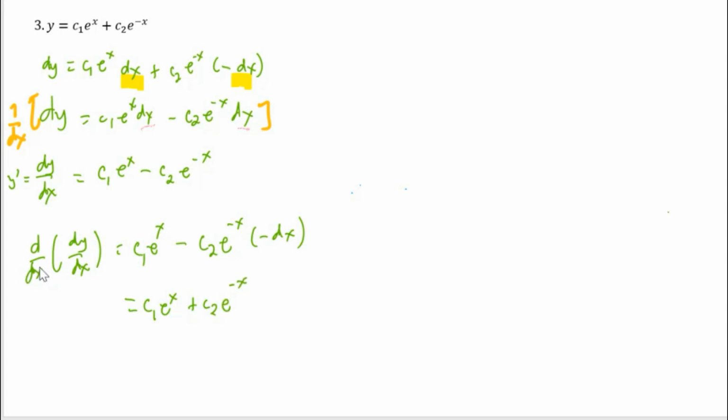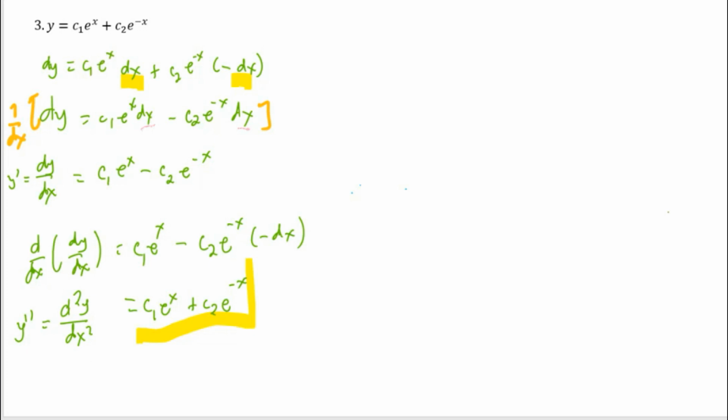So on the left hand side, if you take the derivative, the result is d squared y over dx squared, and we know that this notation is just equal to y double prime. Then we have to consider this one: c sub 1 of e raised to x plus c sub 2 of e raised to negative x is equal to y.